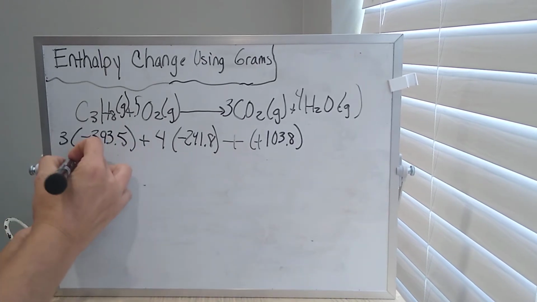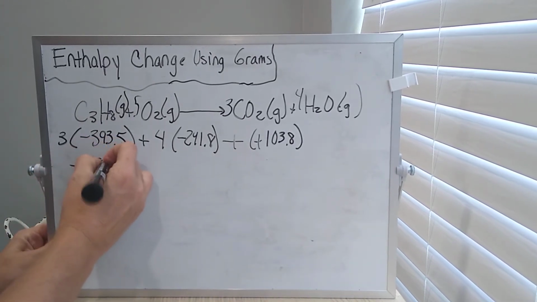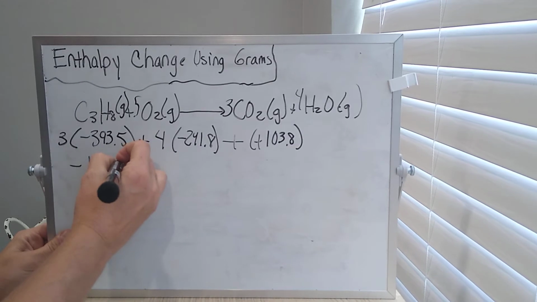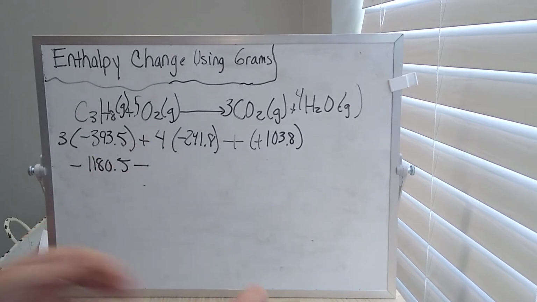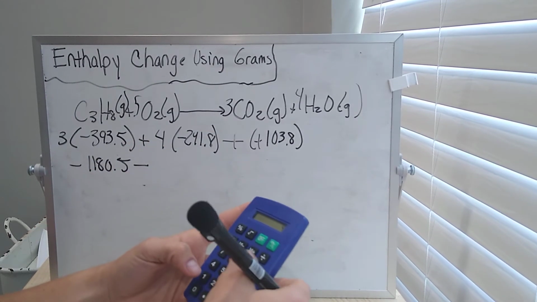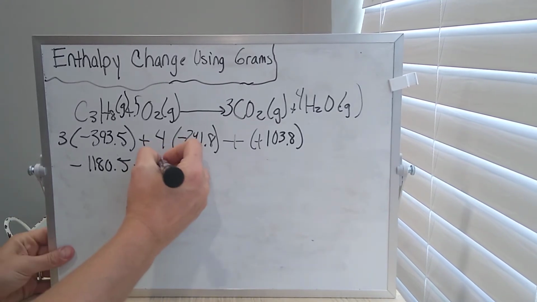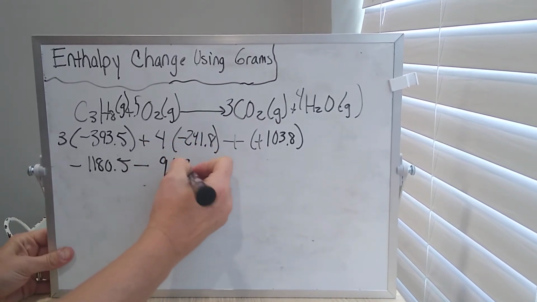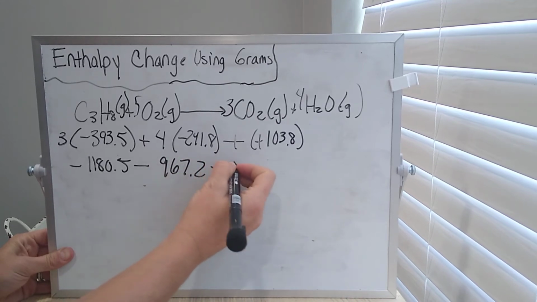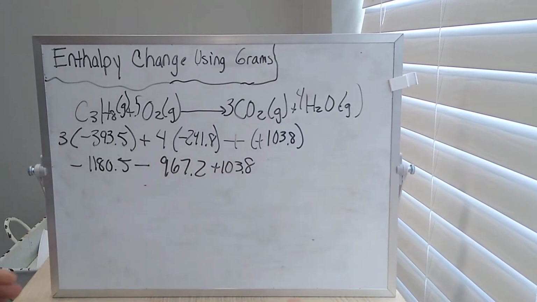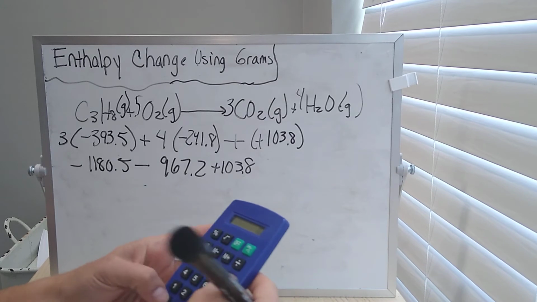So we've got negative 1180.5 minus 4 times 241.8, 967.2, plus 103.8.